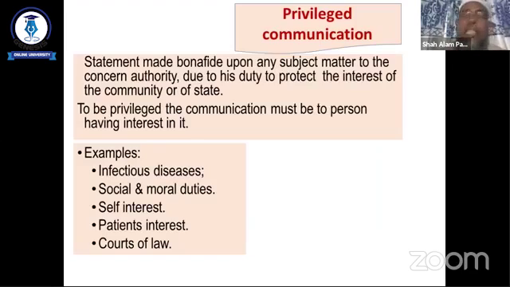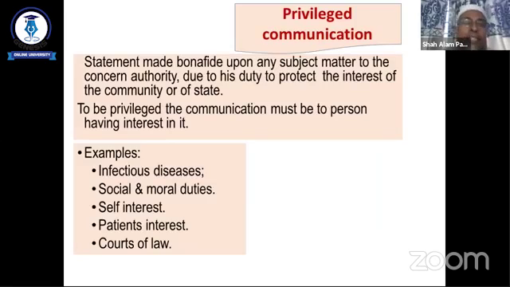If a person is suffering from syphilis or gonorrhea and takes a bath in a public swimming pool, you first advise the concerned person to avoid this. If they don't obey your command, then you can inform the municipal authority.